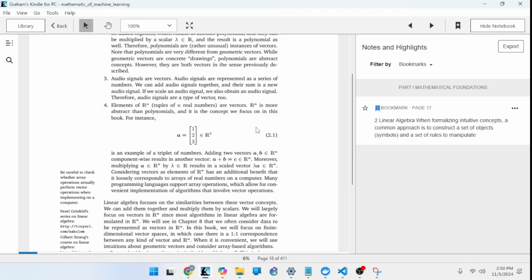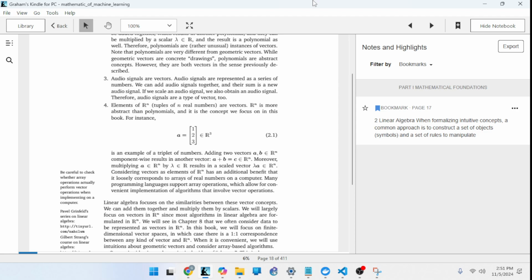Number 4, elements of tuples of n real numbers are vectors. Tuples of n real numbers is more abstract than polynomials, and it is the concept we focus on in this book. For instance, and now this belongs to tuples of 3 real numbers, is an example of a triplet of numbers.